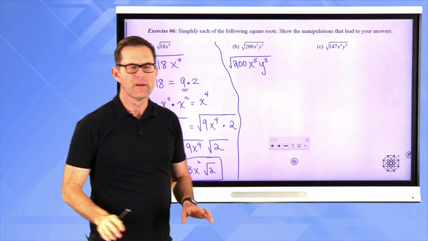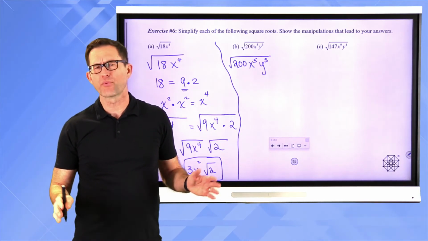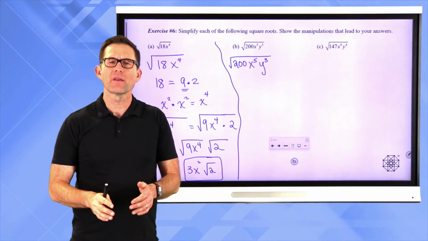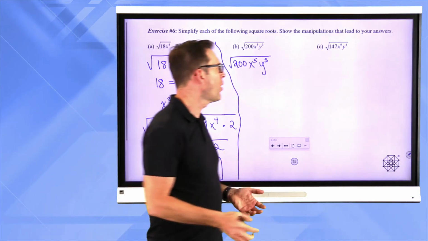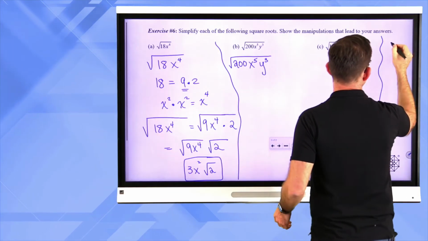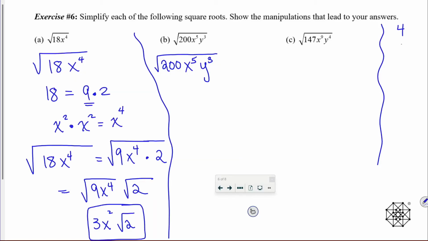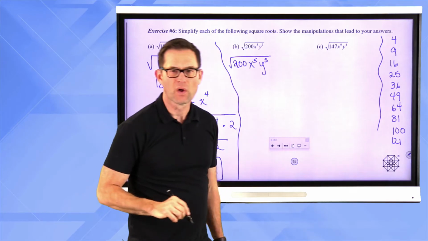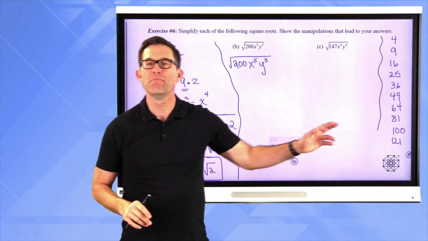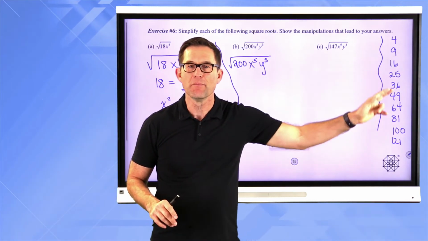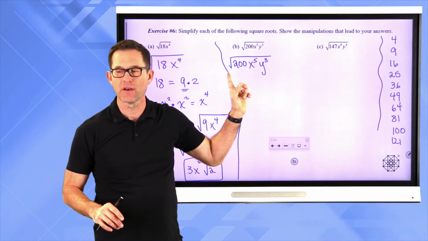Okay. Now again, the numerical part probably isn't too bad, right? You're thinking to yourself, all right, 200. We're all dealing with square roots here. So again, perfect squares: 4, 9, whoops, I skipped right over 16, 16, 25, 36, 49, 64, 81, 100, 121, etc. I'm thinking about the biggest one of these that divides into the number 200.